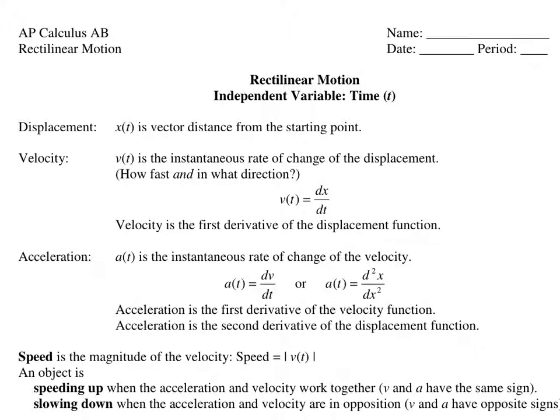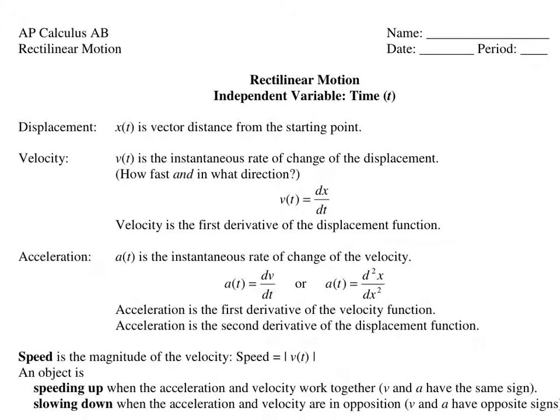So here we're looking at an independent variable of time, and then three different things related to the motion. The first of these is the displacement. Displacement is a vector distance from the starting point. When we say vector distance, that means it could be positive or negative, because the sign indicates which direction we went from the starting point.